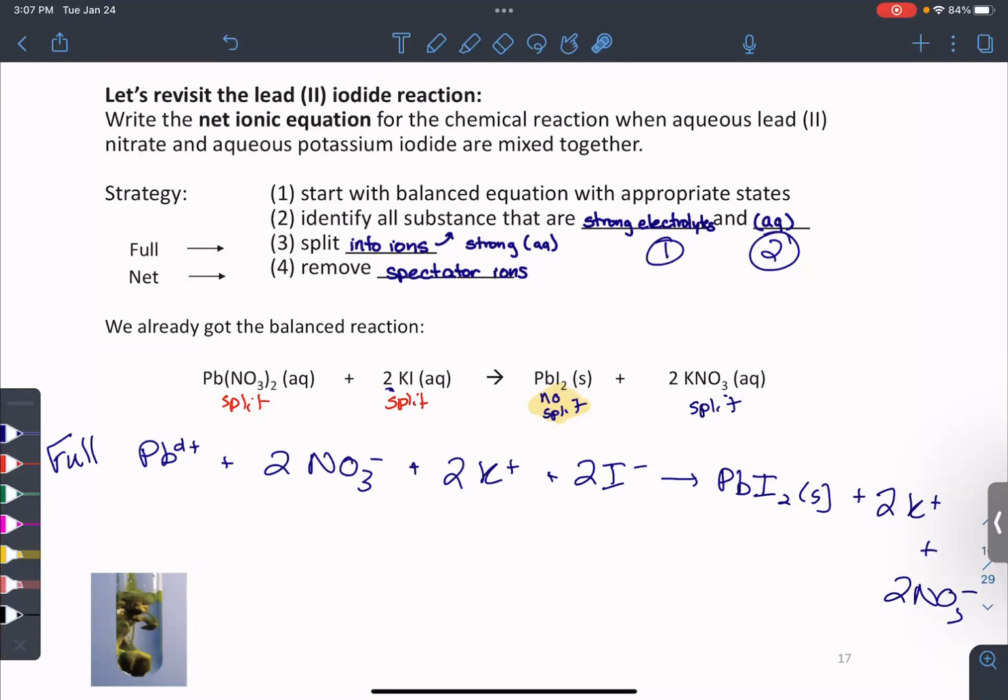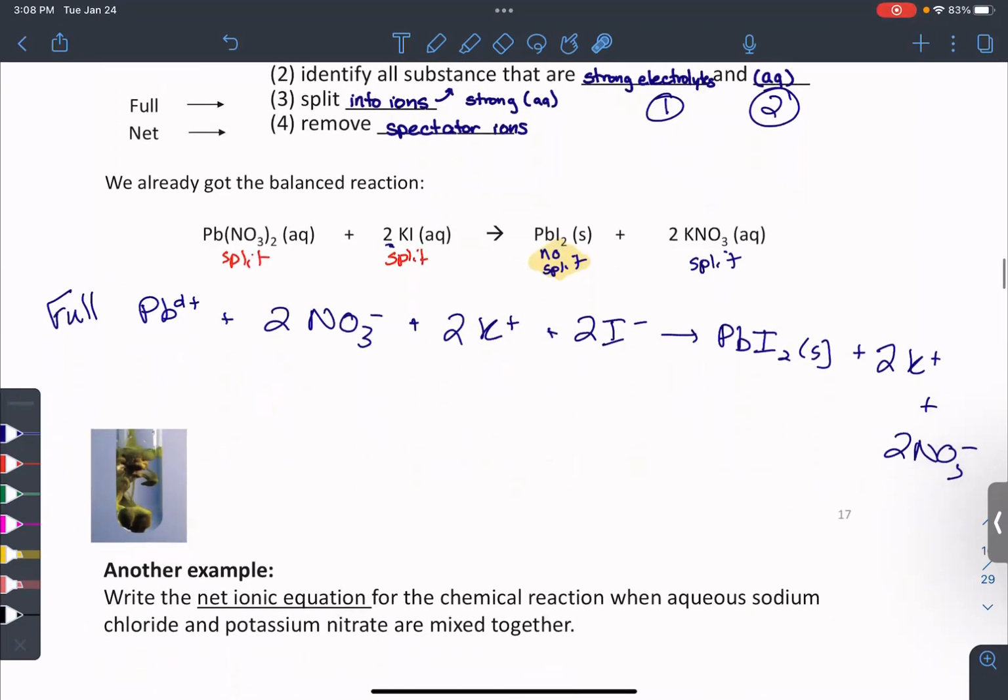The common mistake here for net ionics is students will get gung-ho about splitting all the ionic things, and they'll just split everything. They'll split this one too. But there's a problem when we identify spectator ions. A spectator ion is anything that doesn't change from the reactants to the product side. So let's track lead. Does lead 2+ change to the product side? Yes. I- also changes.